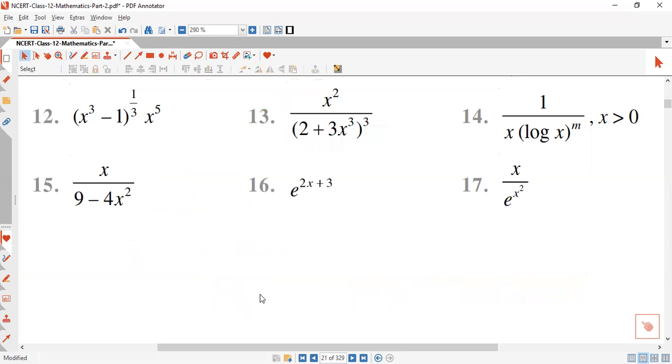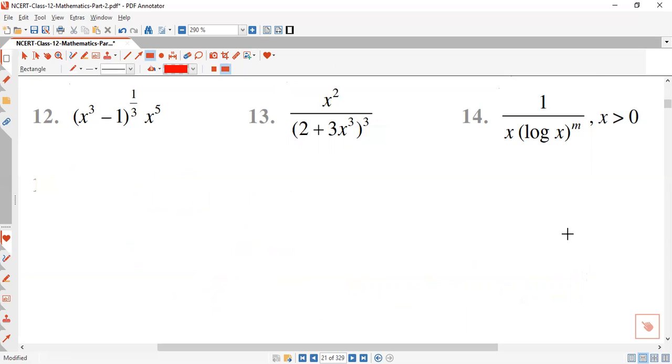Now we want to do question number 14. Do the integration of this question. See, here we take log x equal to t.